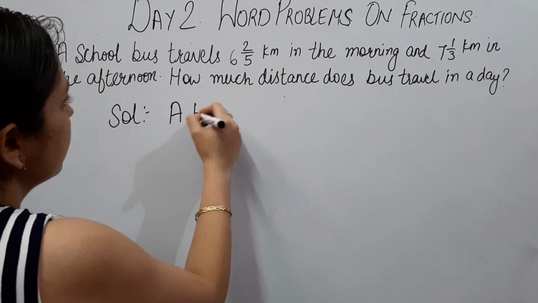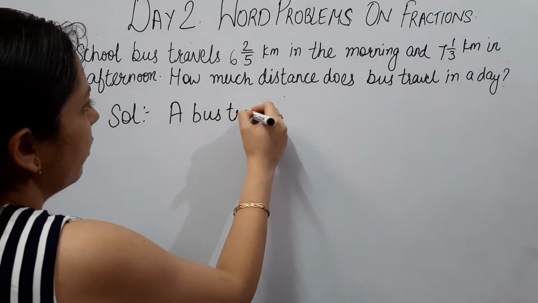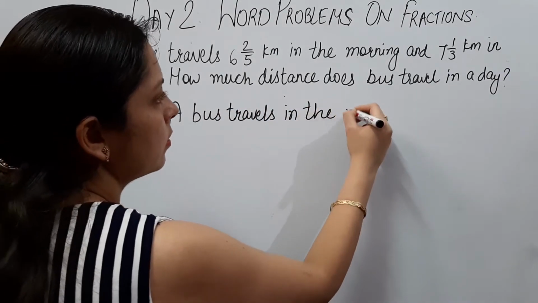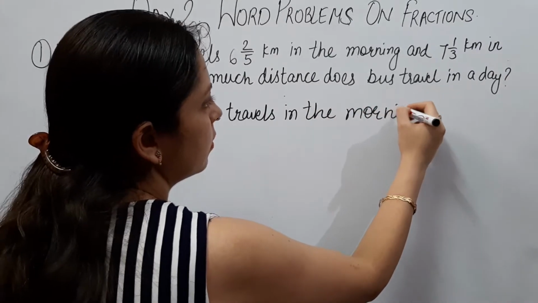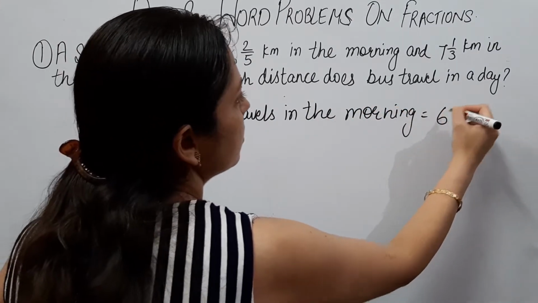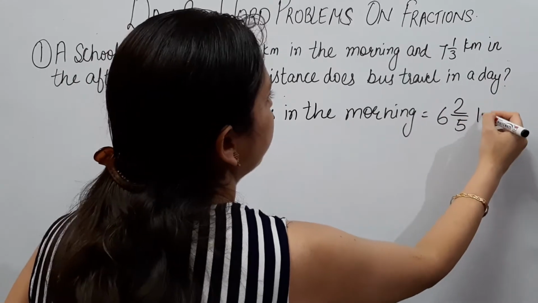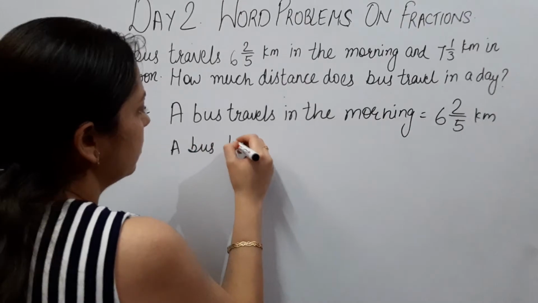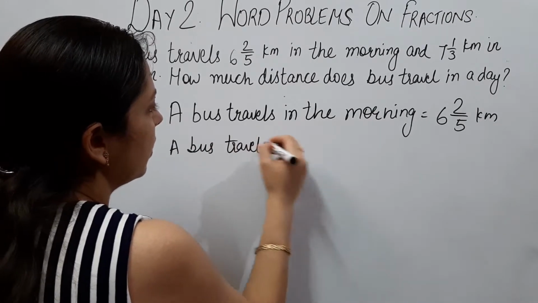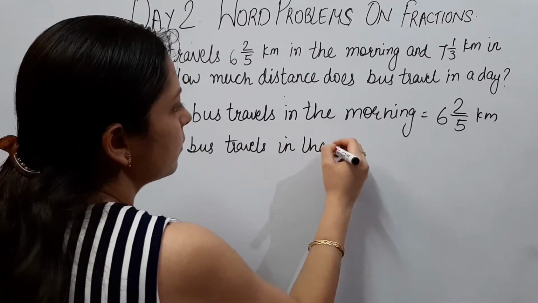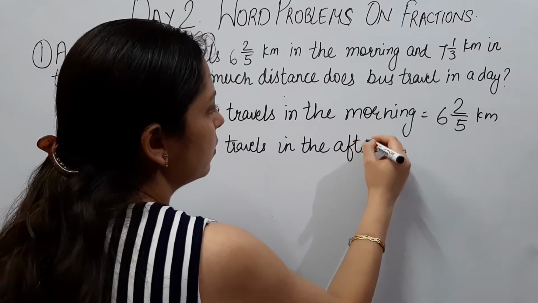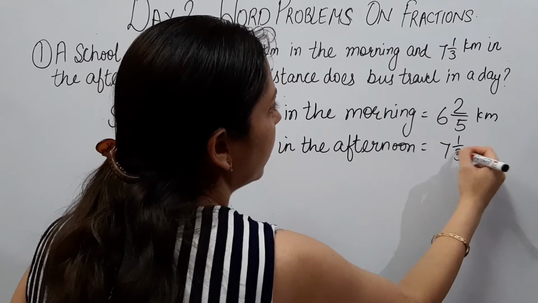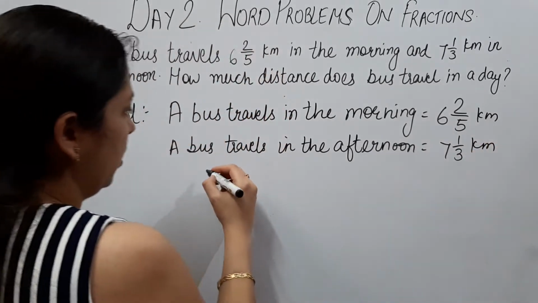A bus travels in the morning 6 whole 2 by 5 kilometer. A bus travels in the afternoon 7 whole 1 by 3 kilometer.